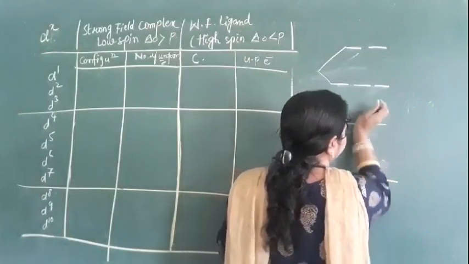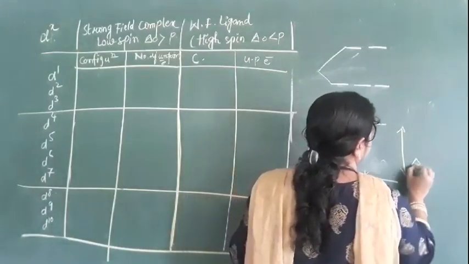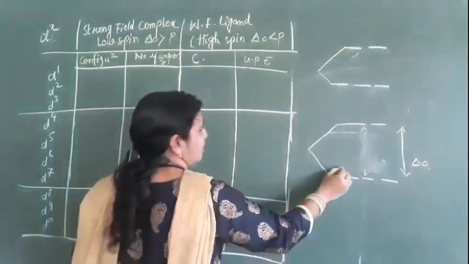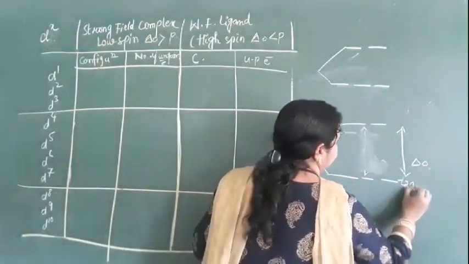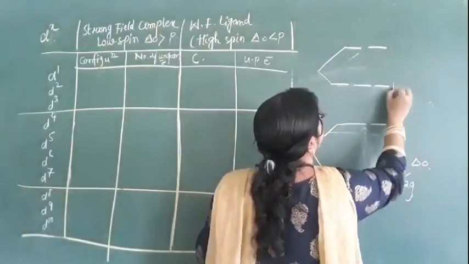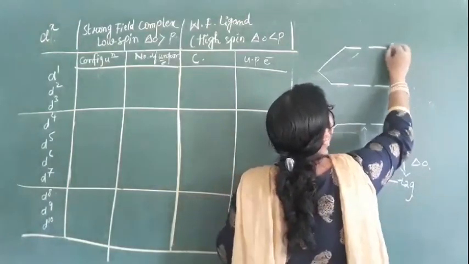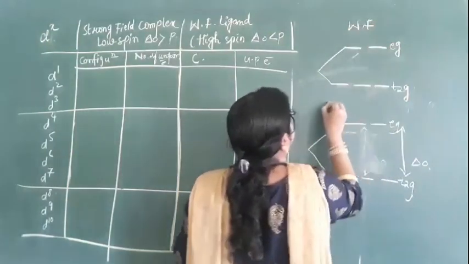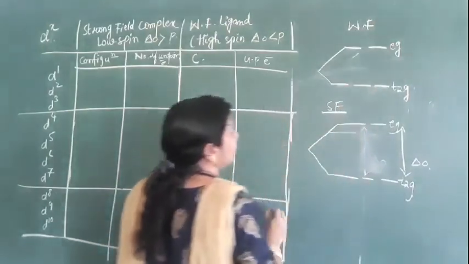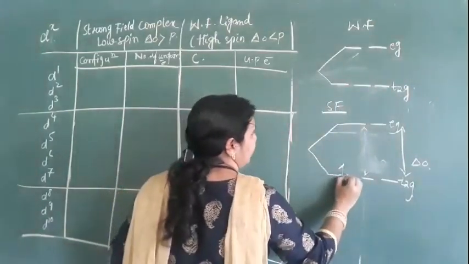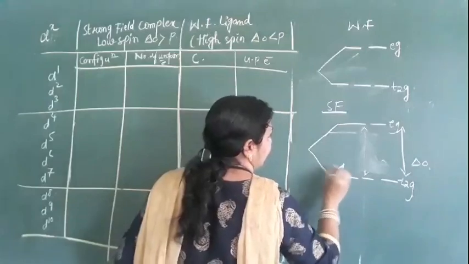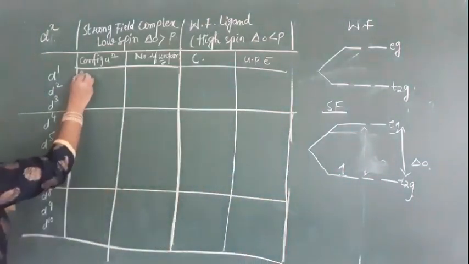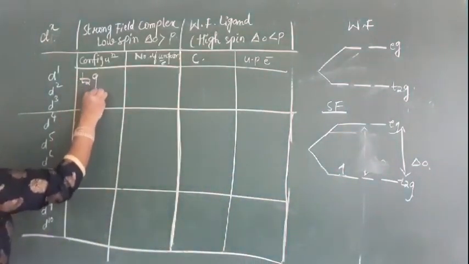So in this, the first electron enters into what? This is the T2G set and this is EG. Here also this is T2G and this is EG. So this is for weak field ligand and this one is for strong field ligand. The first electron enters into the T2G set. So what electronic configuration will we write here?